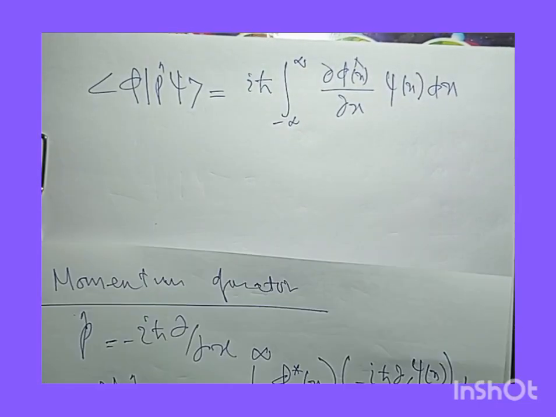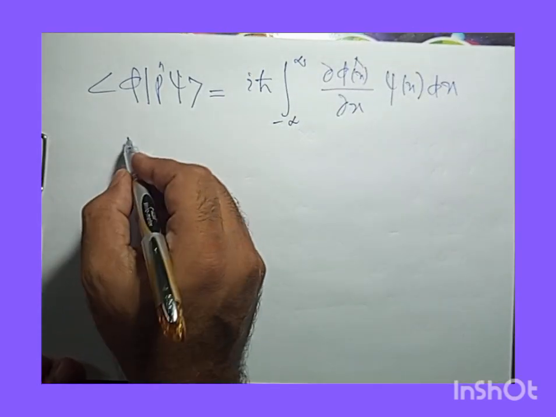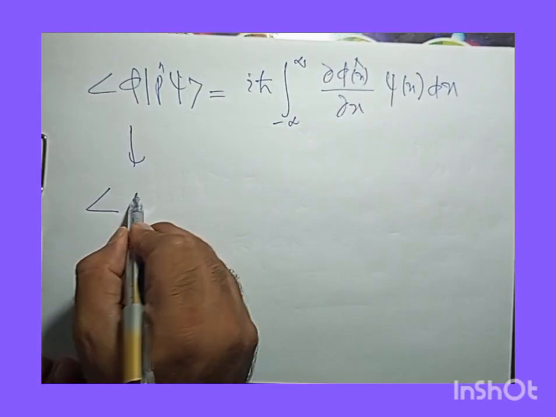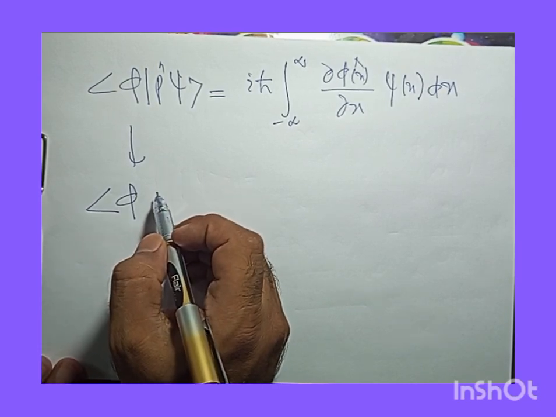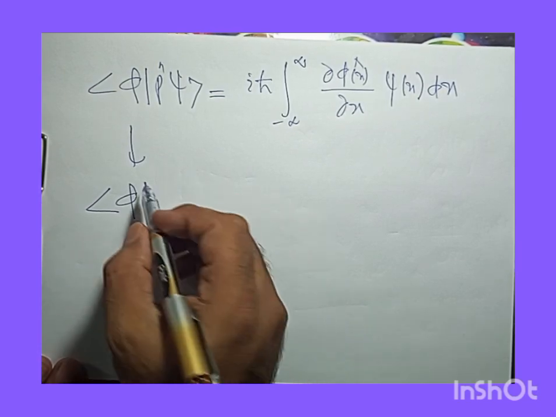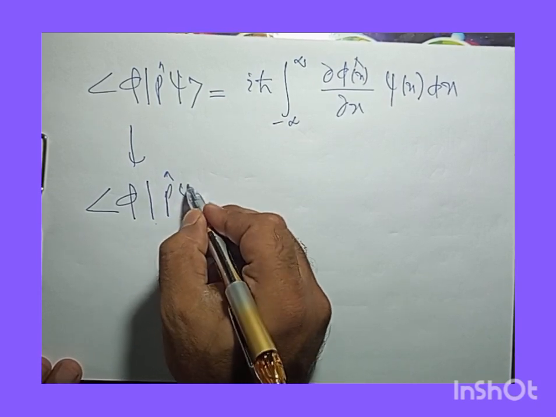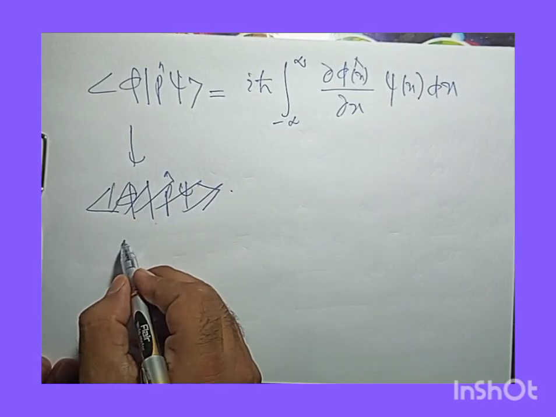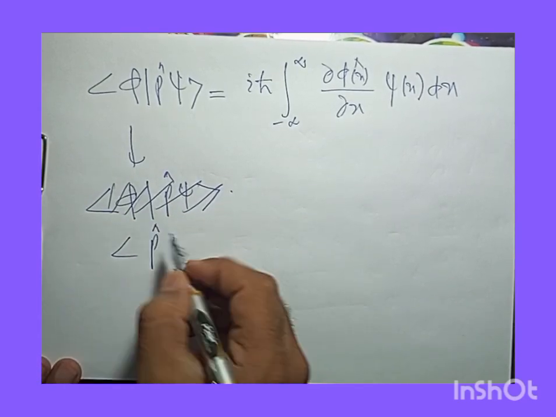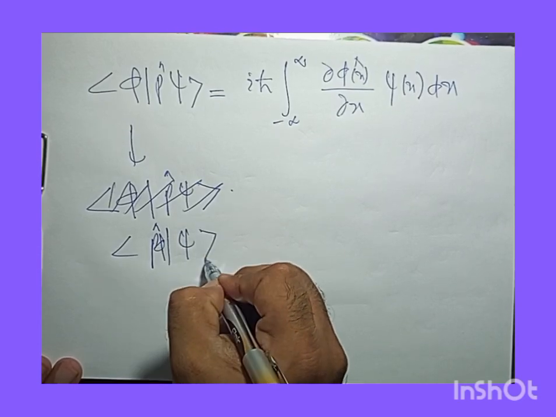Right. And what we would like to do now is compare this result with the bra of phi and p cap of psi. No, it shouldn't be like this. It should be p cap of phi and psi.